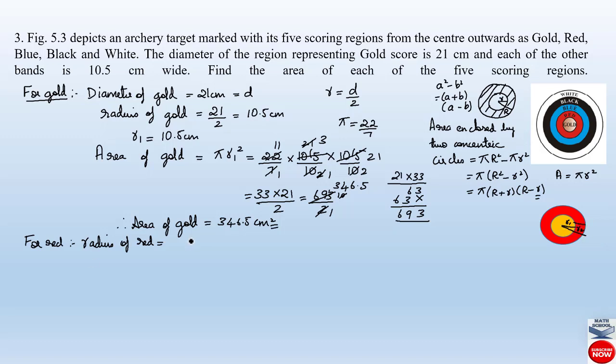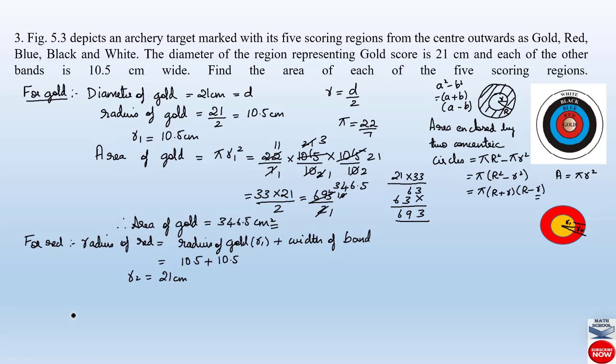R1 is 10.5 centimeters plus the width of the band, again 10.5. So R2 will be equal to, adding, 21 centimeter. In this manner, first we find the radius and then we calculate the area in each of the bands.